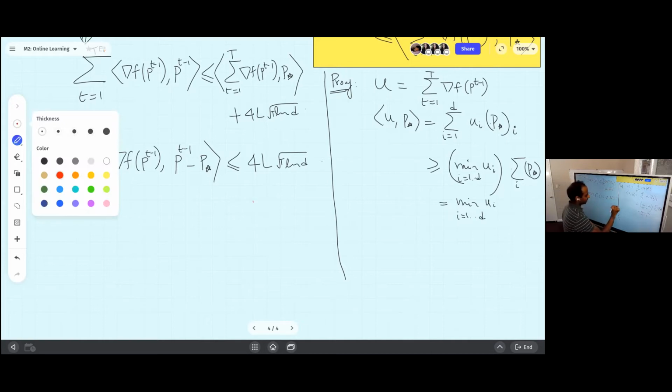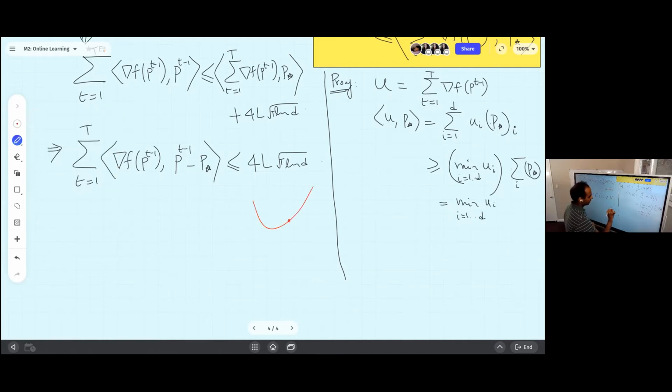If this is my convex function and I take a point and draw a tangent line, then the tangent line is always below the curve. Suppose I do it at p_{t-1}, and maybe p star is somewhere here.